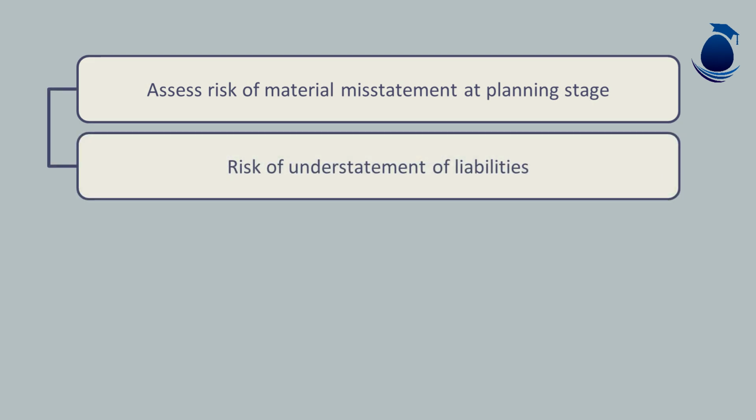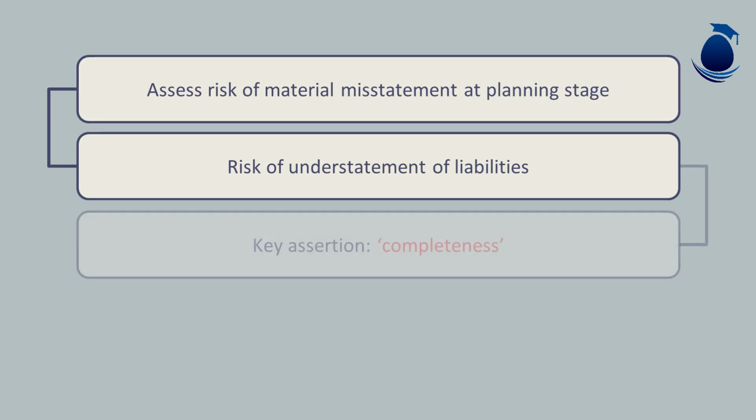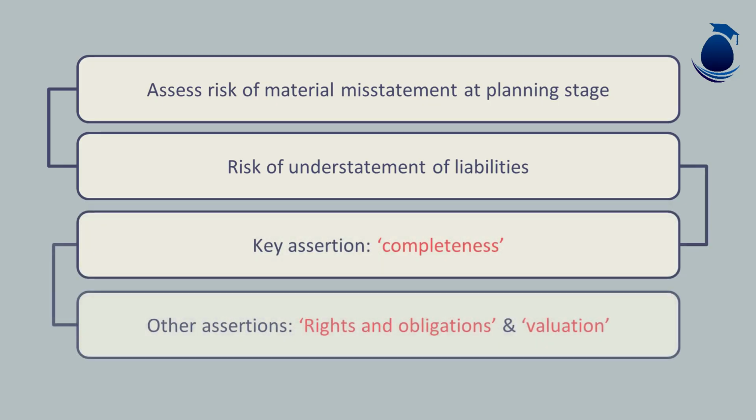The concern with liabilities is that the client may have understated the balance to make the business look healthier and more liquid than it is. With this in mind, the key assertion being tested is completeness. Other important assertions to verify are rights and obligations and evaluation.